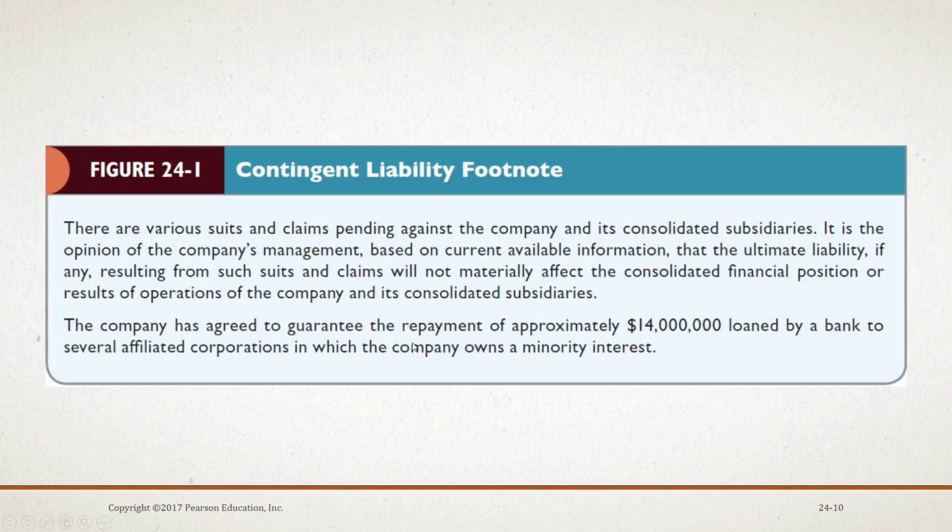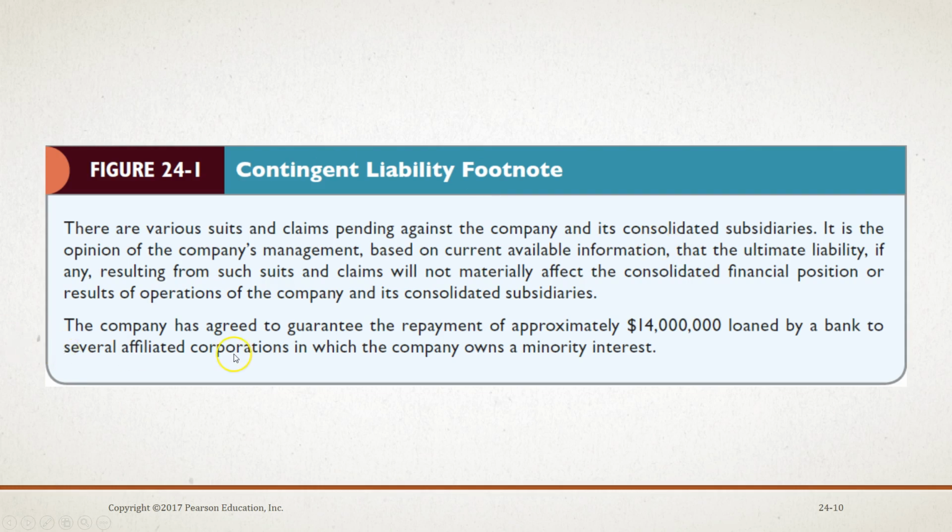Here's an example of what a contingent footnote could be. Again, various suits and claims pending against the company and its consolidated subsidiaries. It is the opinion of management based on current available information that the ultimate liability, if any, resulting from such suits and claims will not materially affect the consolidated financial position. Another example, look at the second paragraph.